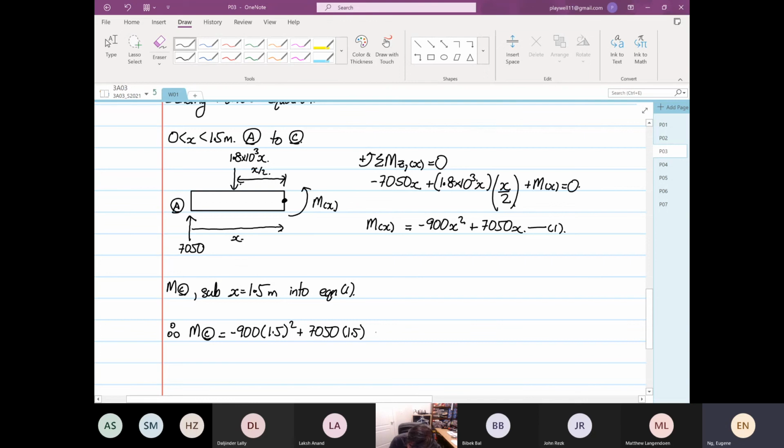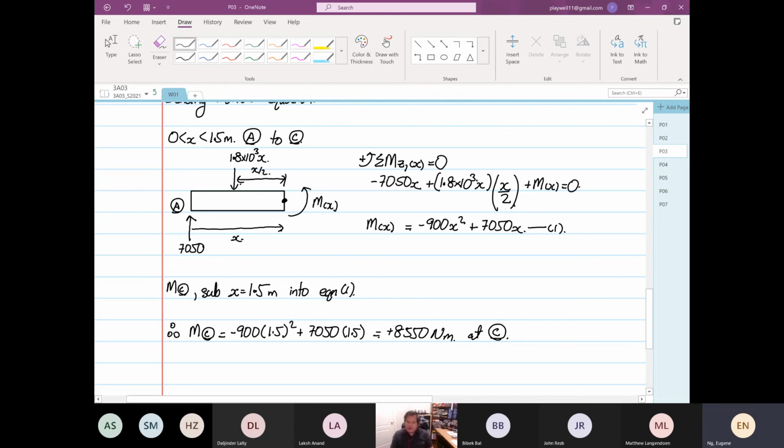The whole thing will be minus 900 times 1.5 times 1.5, then plus 7050 times 1.5, which is equal to positive 8550 Newton meter. Let me do it again: minus 900 times 1.5 times 1.5 plus 7050. Yep, it is 8550 Newton meter. Now, this is at point C.